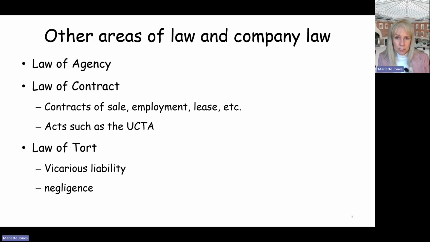If a company employs people, it's through employment contracts. Companies buy and sell things through contracts of sale. So legislation such as the Unfair Contract Terms Act would be very important. A key skill for a corporate lawyer is a very good understanding of contract law.